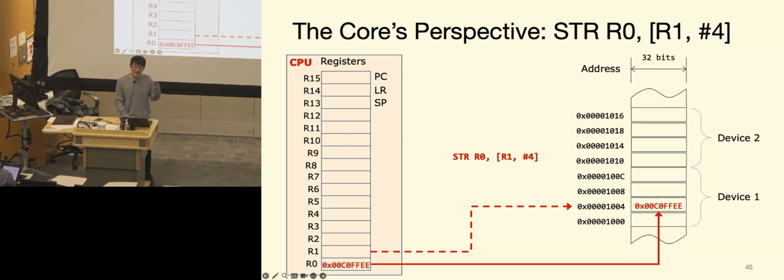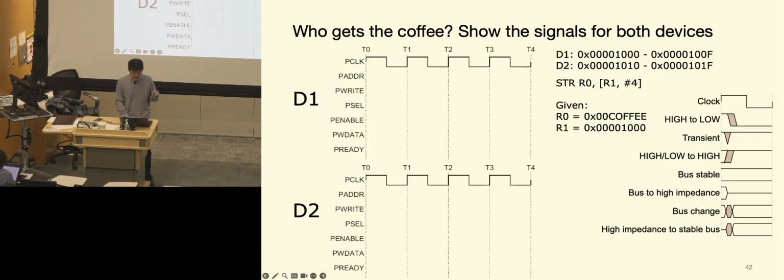That was pretty clean from the core's perspective. So what does it mean from the peripheral perspective if that one is, in this case, actually written into this peripheral device?